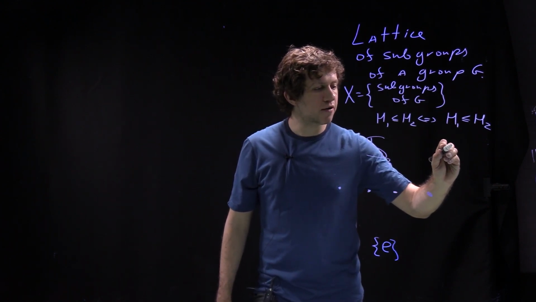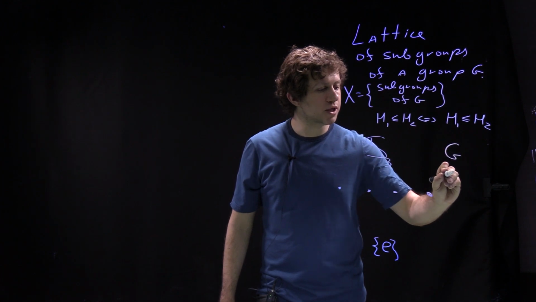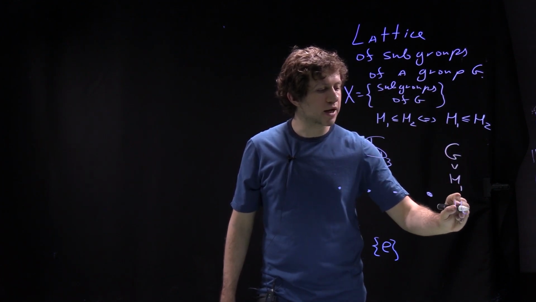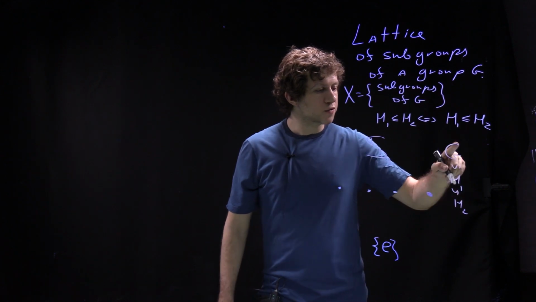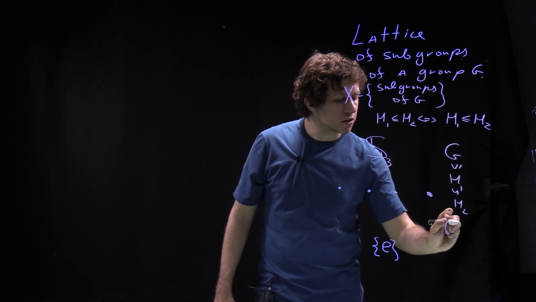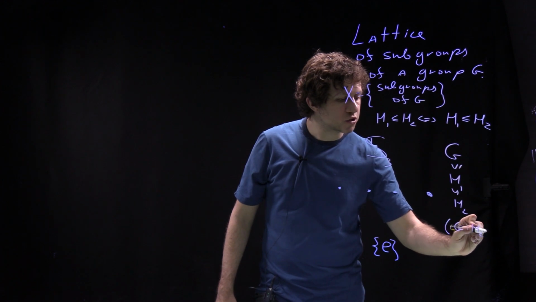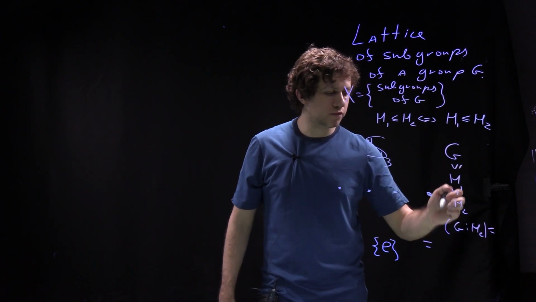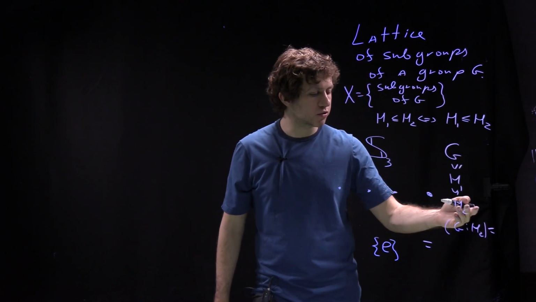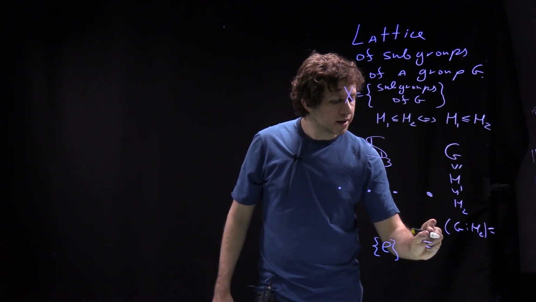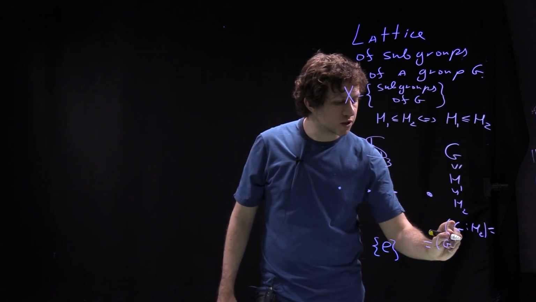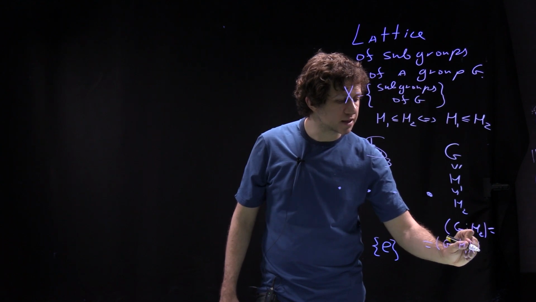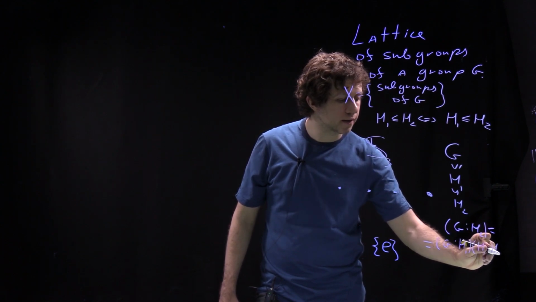Because imagine you have some subgroup G, subgroup H1, subgroup H2. Then we have this property that the index of H2 in G, so in the finite case it will be just the order of G divided by the order of H2, is a product of the index of H1 in G times the index of H2 in H1.